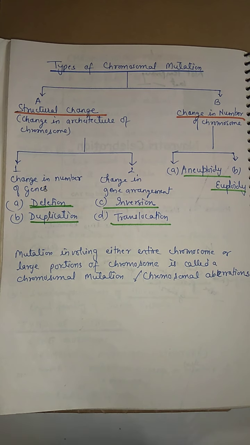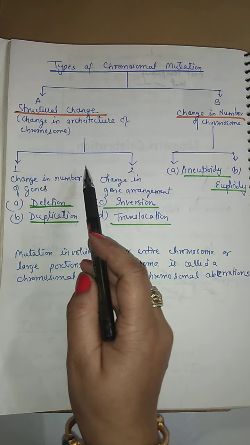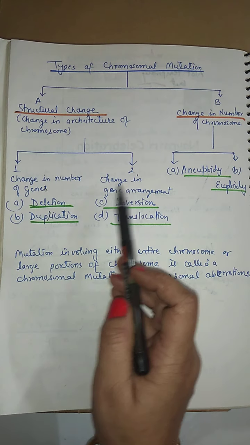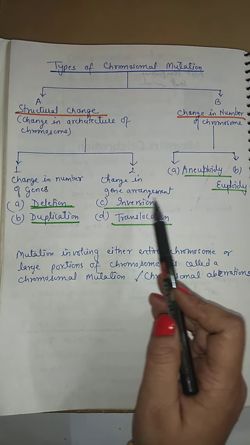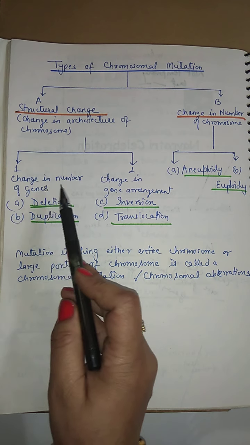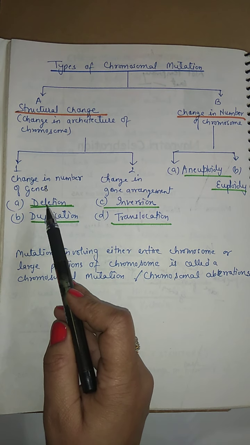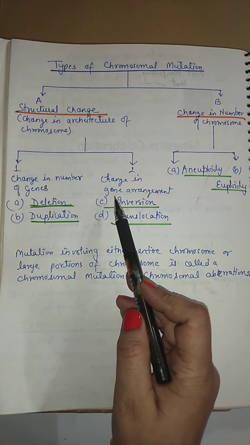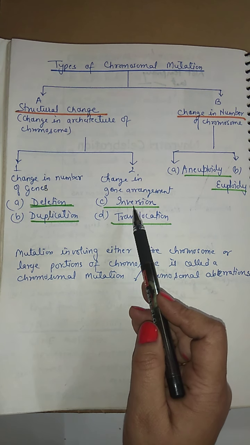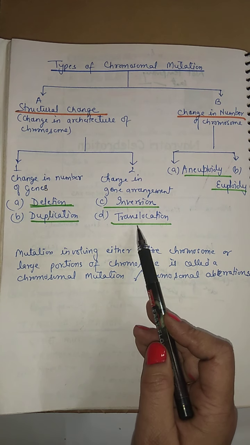The structural chromosomal mutation can be divided again into two parts. Number one, change in number of genes, and number two, change in gene arrangement. The change in number of genes is of two types, deletion and duplication. The change in arrangement of genes is of two types, inversion and translocation.